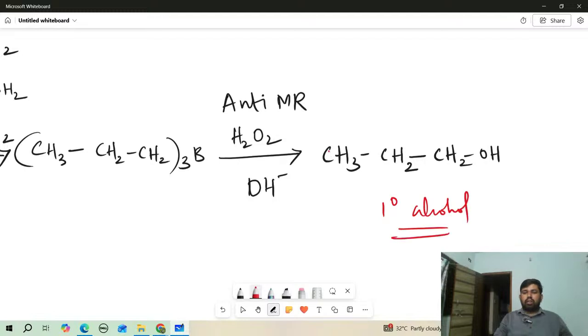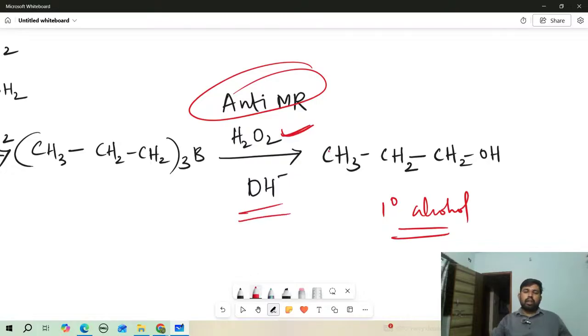We are following the anti-Markovnikov syn-hydration rule in presence of hydrogen peroxide. Plus we get something else, H3BO3, boric acid. Now this is called the hydroboration method.